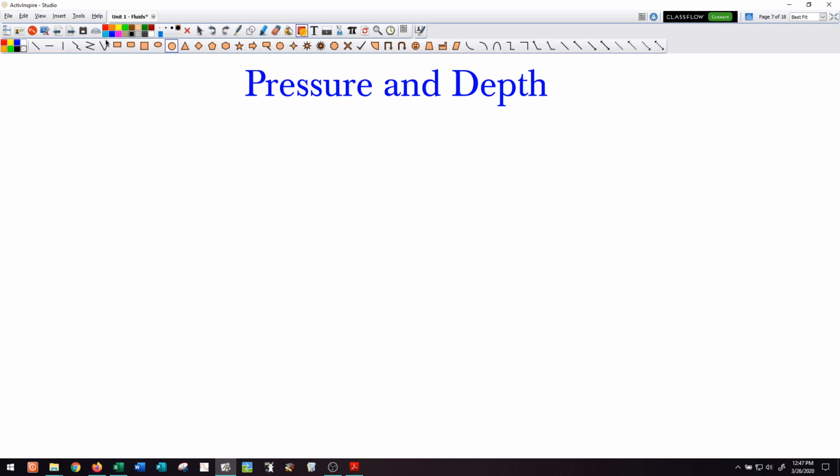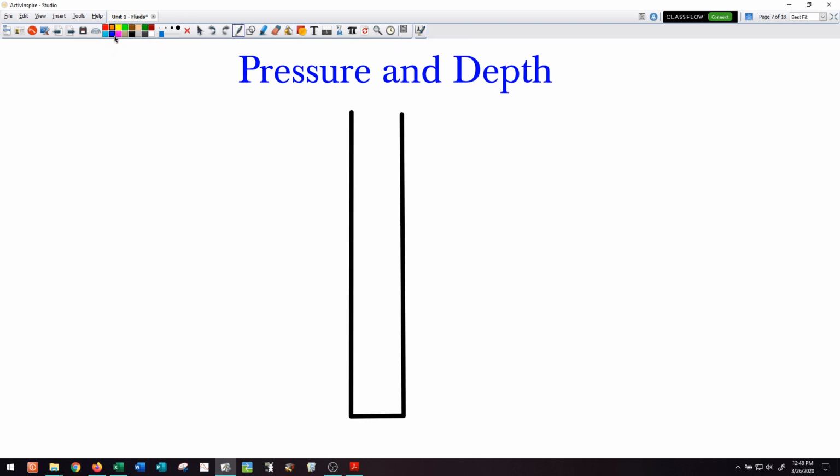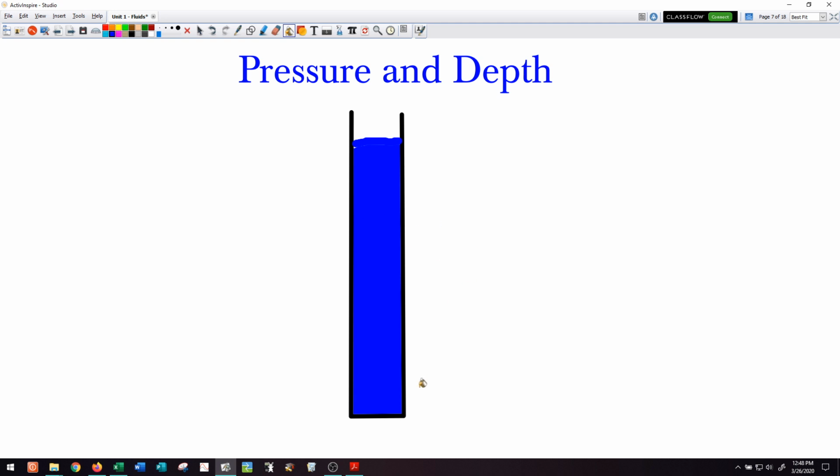So, for instance, if I have a container like that graduated cylinder earlier, and I fill it with some water, then whatever that column height is will actually determine how much pressure you have at different depths.